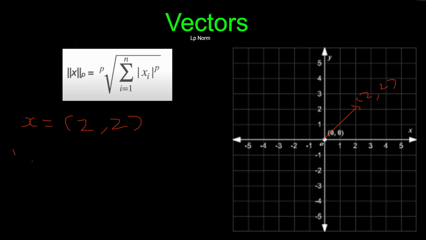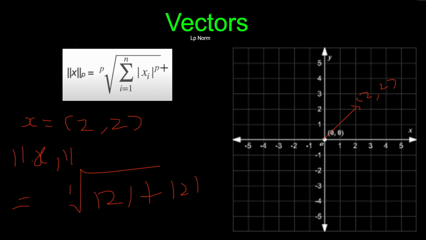So let's try the L1 norm. So index 1 root, and we're just going to add absolute value of 2 plus 2. P is 1, so we don't need to mention that, and we will get 4. So 4 is nothing but the Manhattan distance.